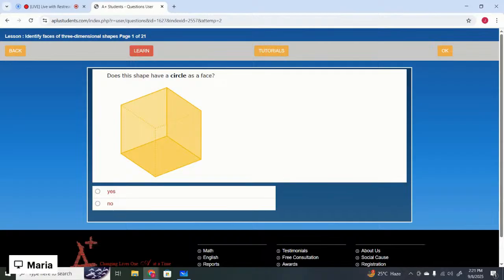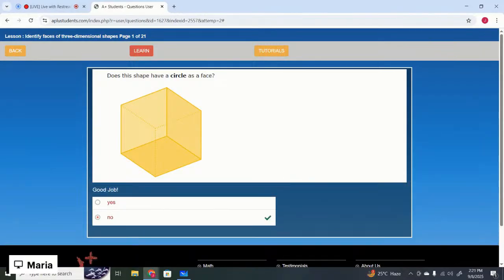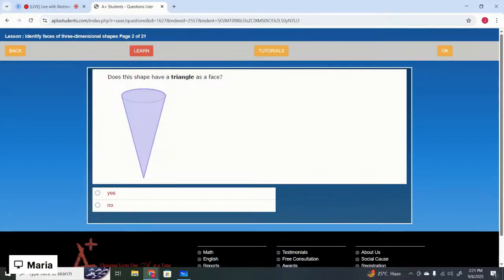Does the shape have a circle as a face? No, the shape has no circular face. Does the shape have a triangle as a face?